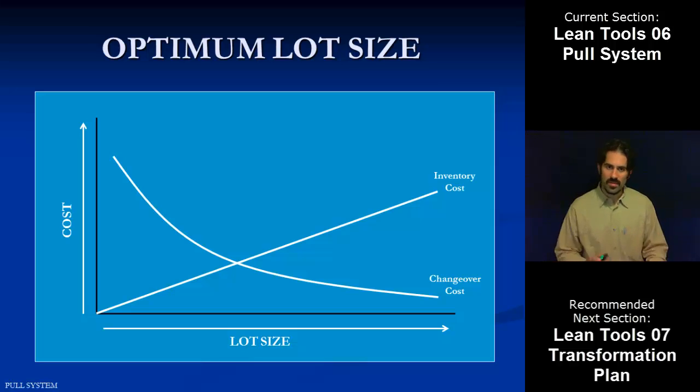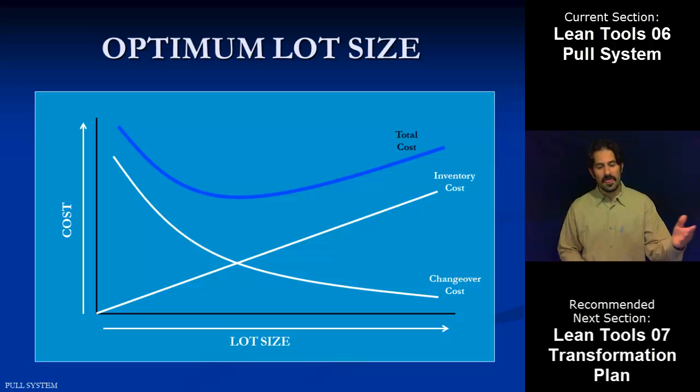That's pretty normal. Everyone generally has a good understanding of that. What that results in, though, when we look at the total cost, which is inventory and changeover together, is this blue curve that has a minimum point, where we have an optimum lot size in terms of cost and quantity per lot.